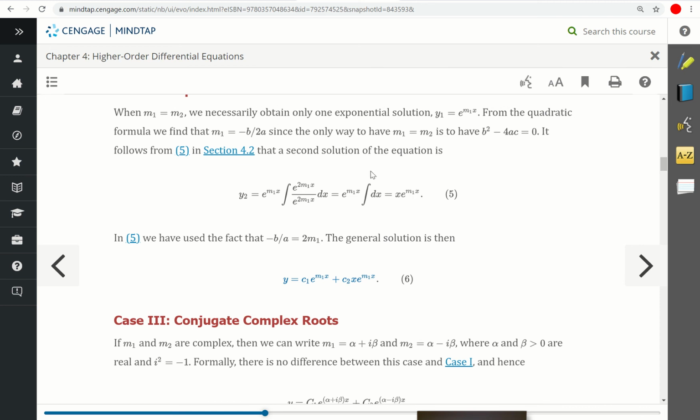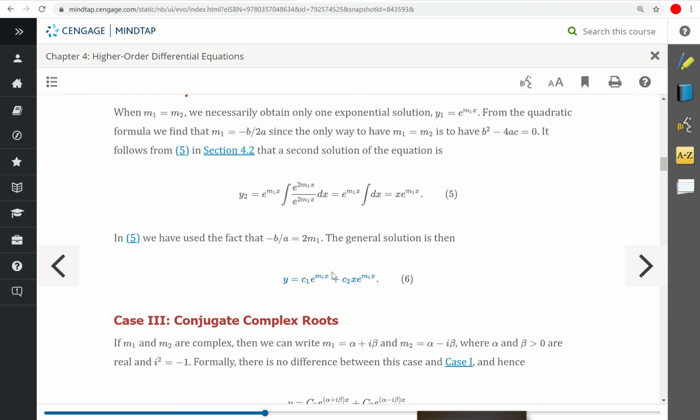We get our first one, which will be e to the m1x, but then the second solution will be found using what we did in the last section. This is our y1 times that integrating factor we saw before, the integral of e to the negative integral of p divided by y1 squared dx, and that will give us an x e to the m1x.